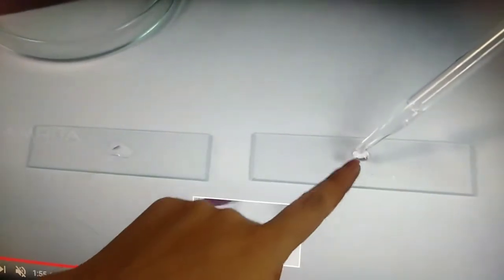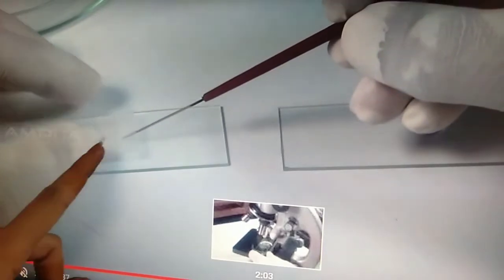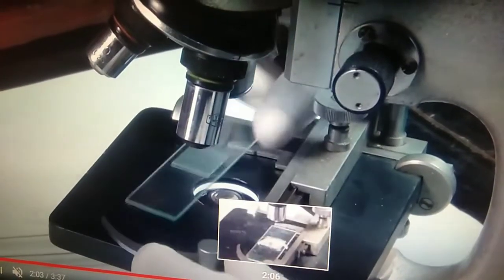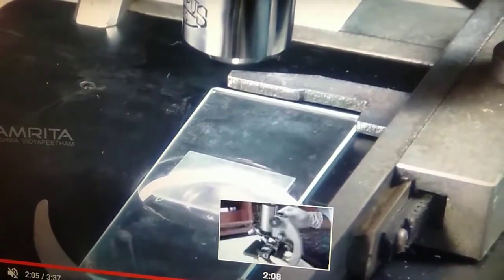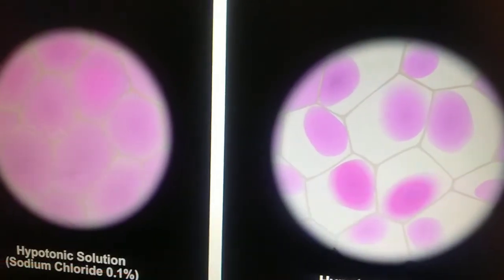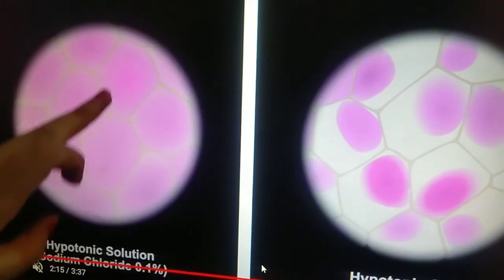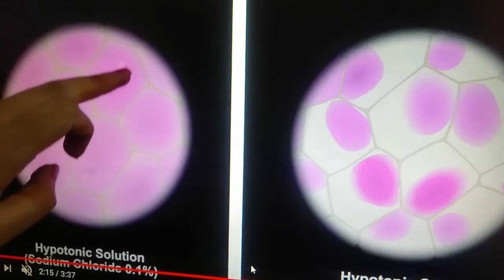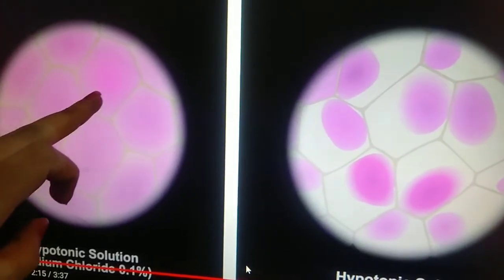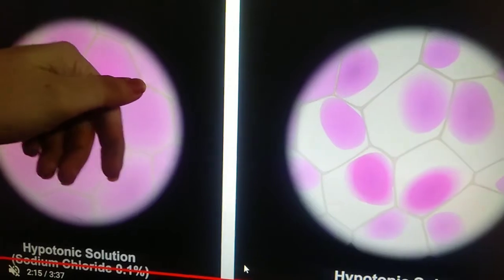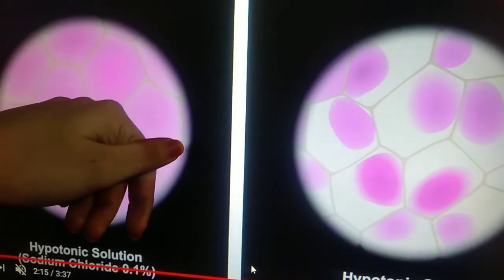We put 2 to 3 drops on the leaf and cover it with the cover slip, as we did for the onion peel, and observe it under the microscope. Normally the tissue appears in this way. Each and every cell appears like this, and you observe this pink color. This pink color is the cytoplasm, and this lining you observe is the cell membrane.